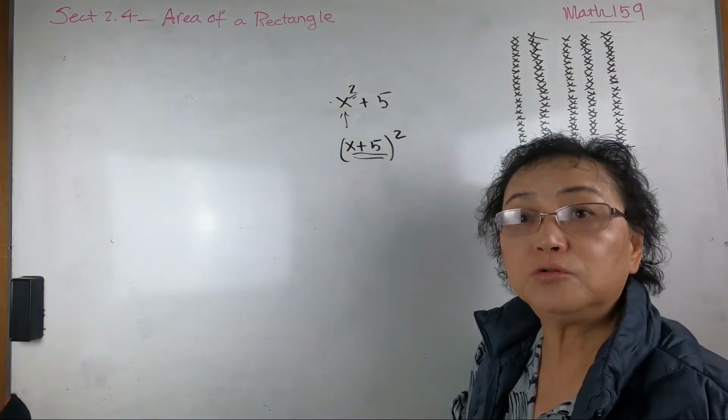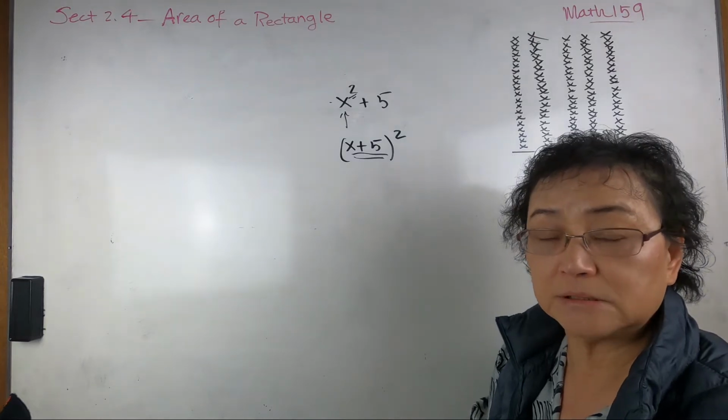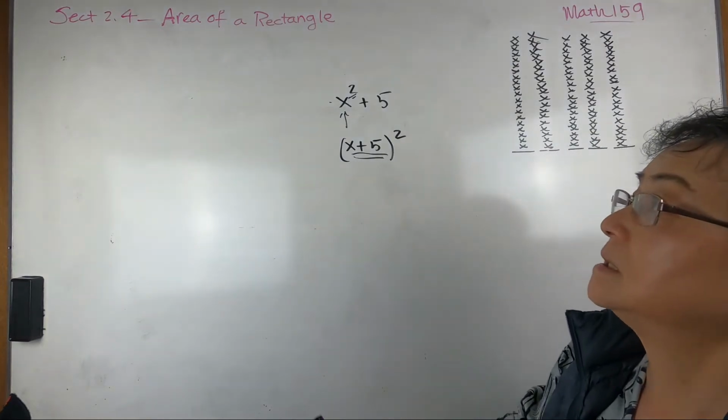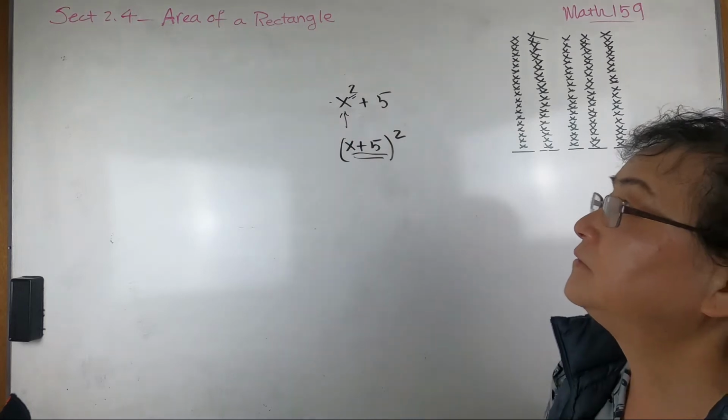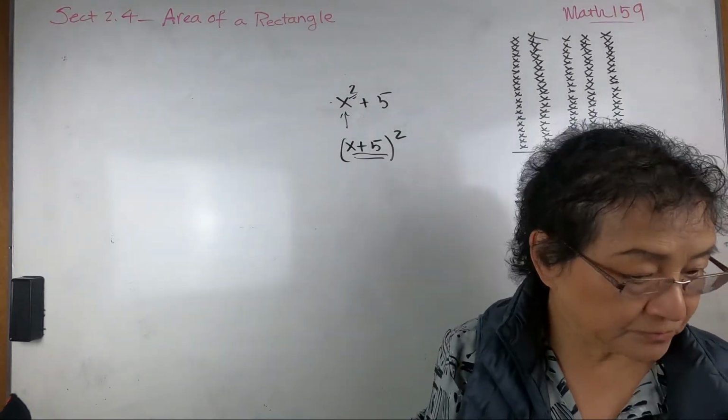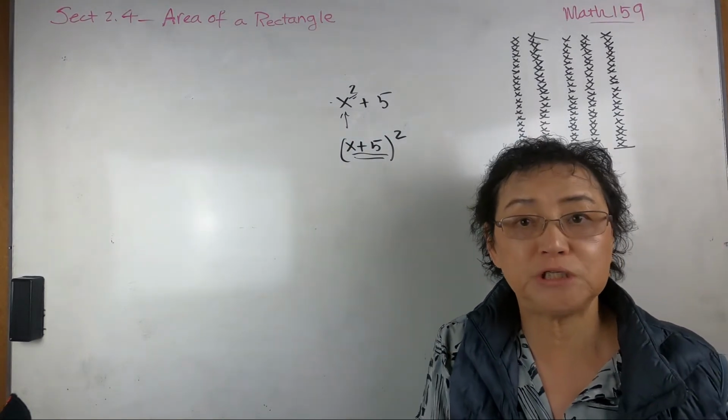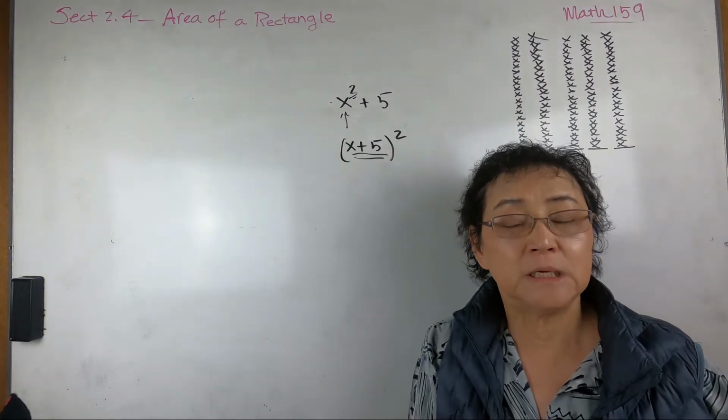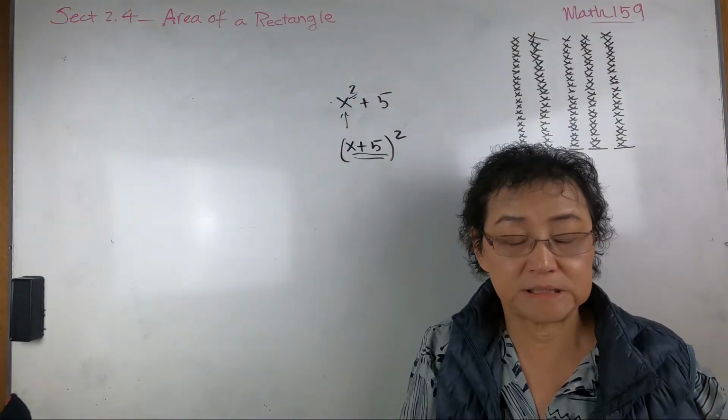Now we are going to learn another concept we need for stats. It's called area of a rectangle, using geometry to visualize the probabilities.